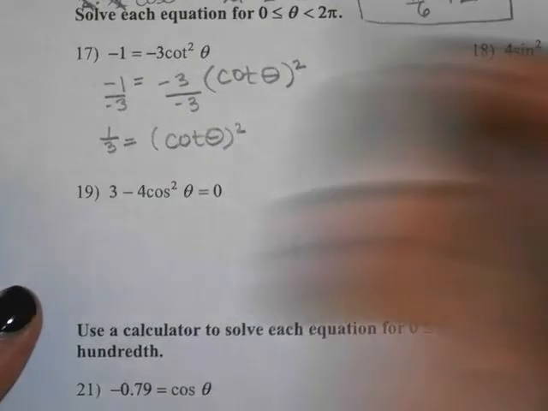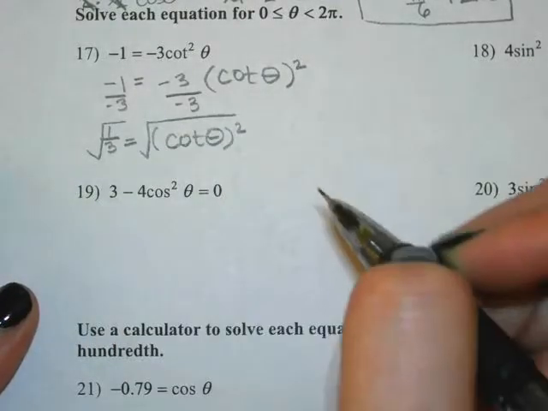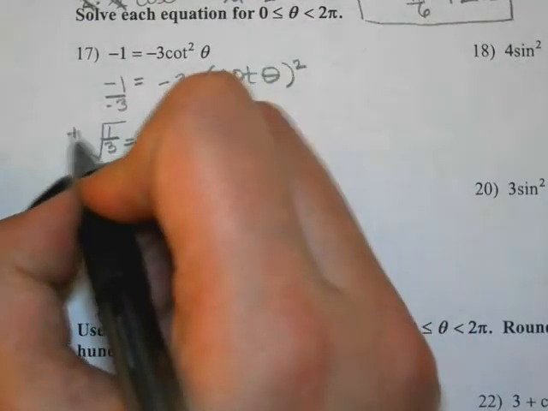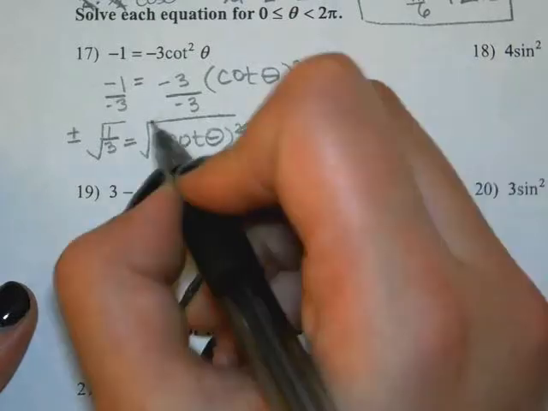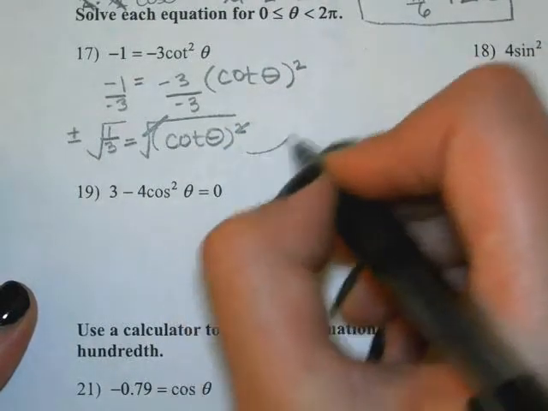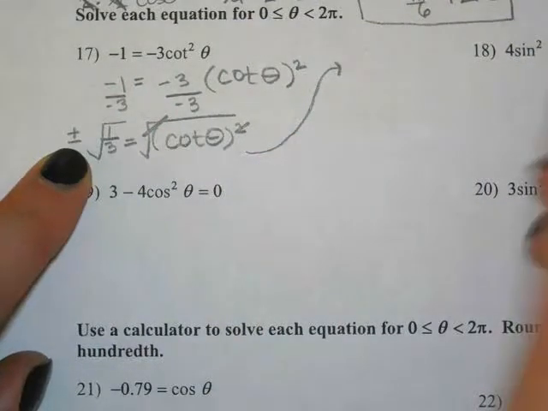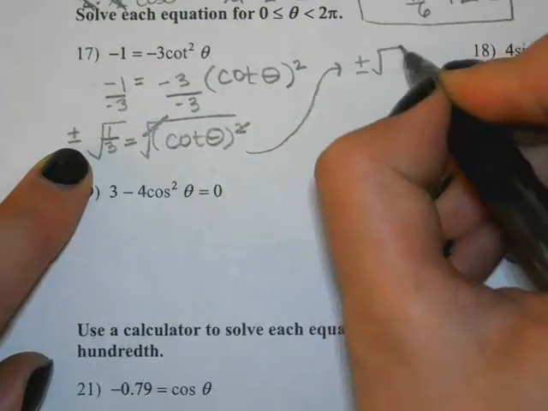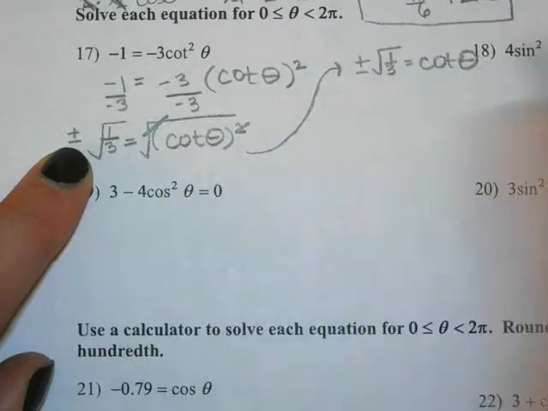I should square root. And anytime I square root, what should I put in front? Plus minus. So on the right side, my squared and my square root cancel. So I've got plus minus the square root of 1 third equals cotangent theta.